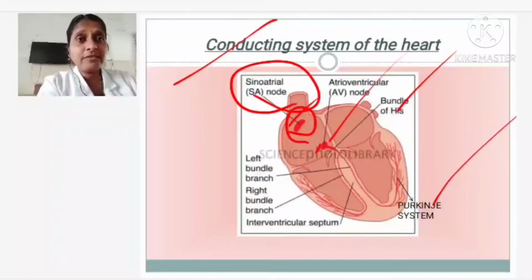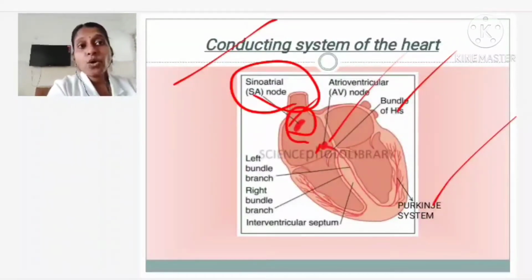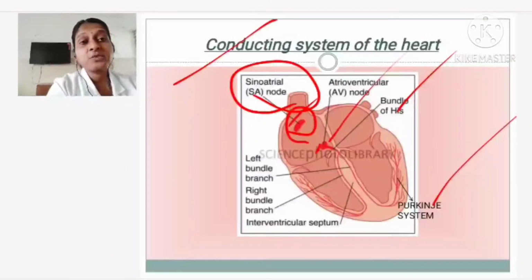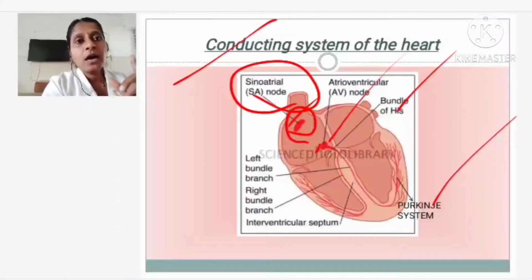They are self-excitable, meaning they can generate impulses themselves. That's why we call the sinoatrial node the pacemaker of the heart. You would have heard this term pacemaker. Some people who have a problem with the nodal tissues, what do they have?